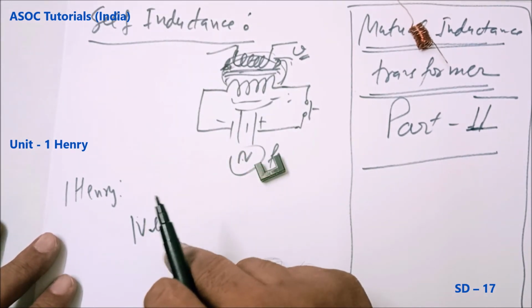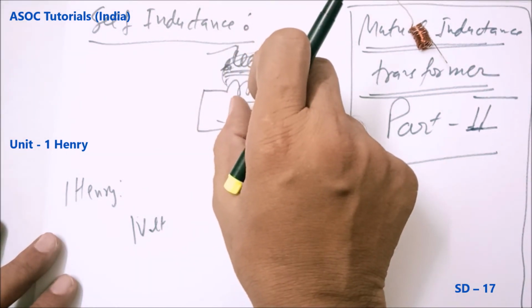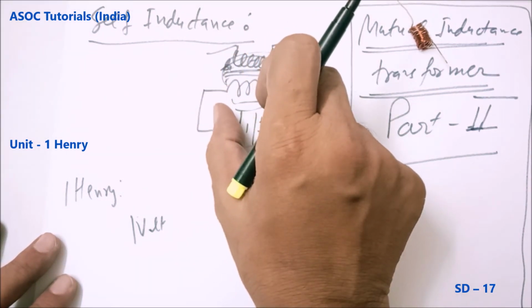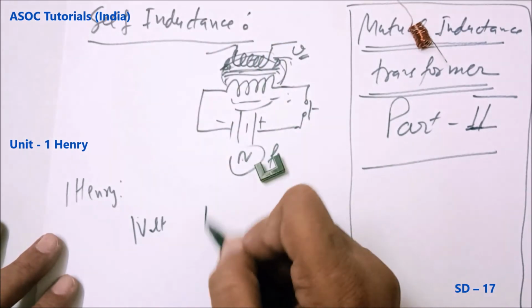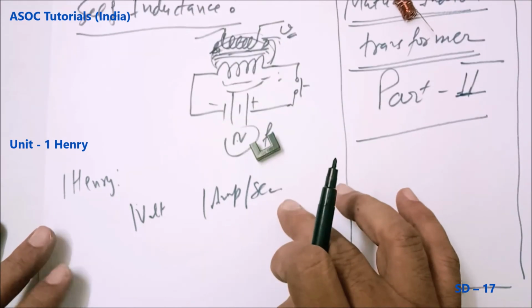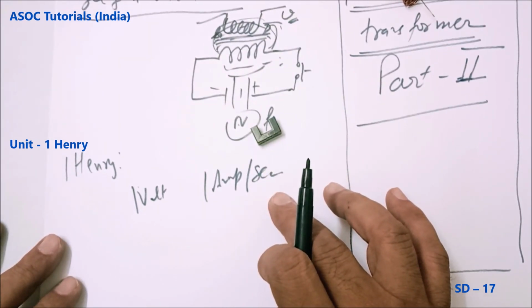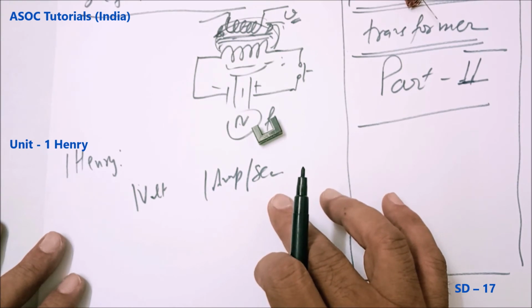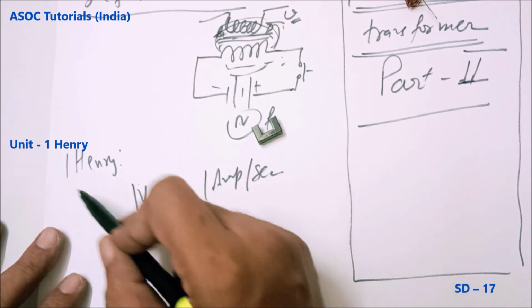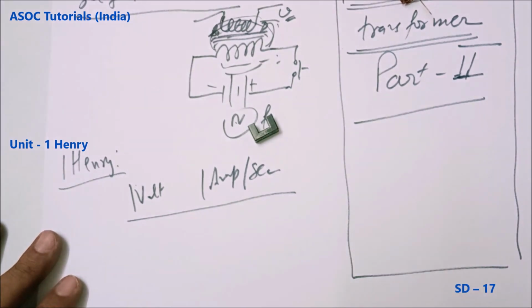Remember it. 1 volt is produced by a variation of inducing current of 1 amp per second. I am not going to explain this in detail. Maybe the examiner will ask, so remember this 1 Henry also. This is very important.